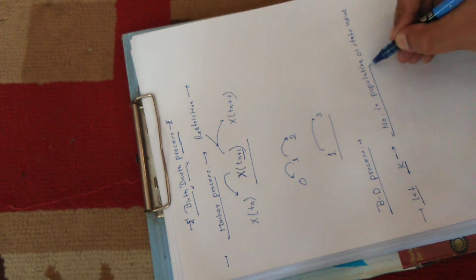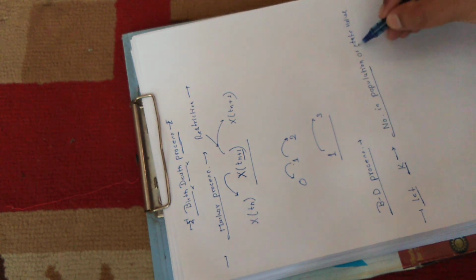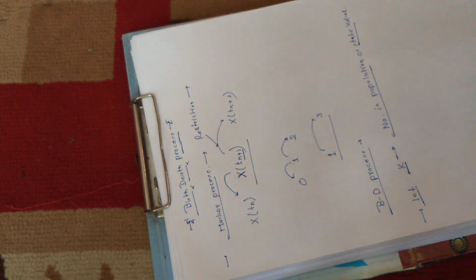So k is also known as the state value. Generally we can say that k is a state which is defined by the total number in population.